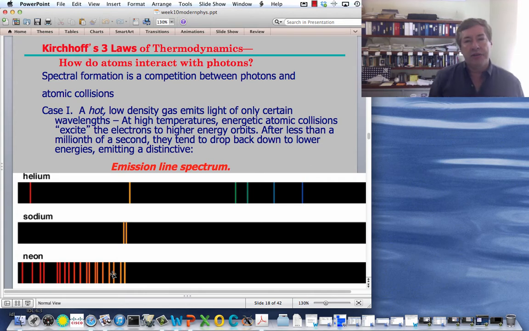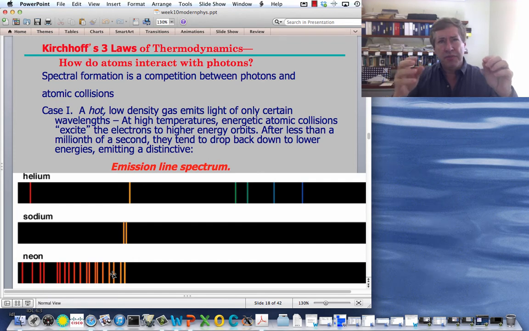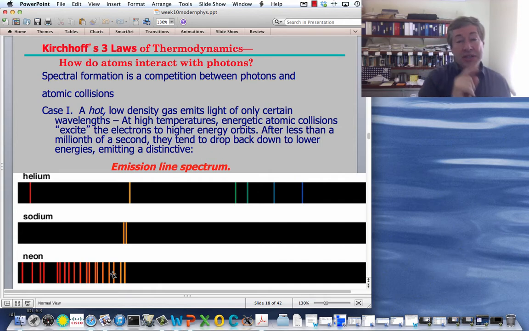Atoms are colliding all the time with each other. Of course, we've been thinking of these as little billiard balls that on a microscopic or atomic scale are perfectly elastic, but that's not exactly true. On a quantum mechanical scale, a collision between two atoms could result in transferring a little bit of kinetic energy between the two particles into atomic energy of an electron.